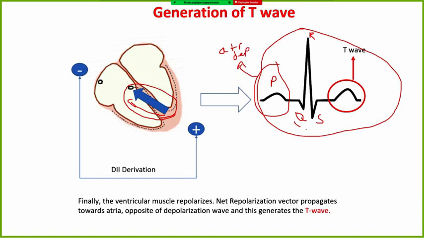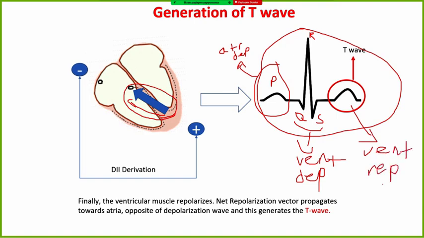QRS is the ventricular depolarization. And the T wave is the ventricular repolarization. So do you think anything is missing?